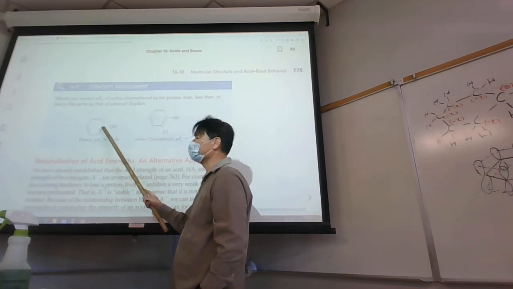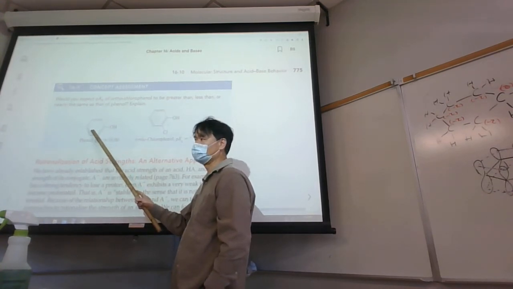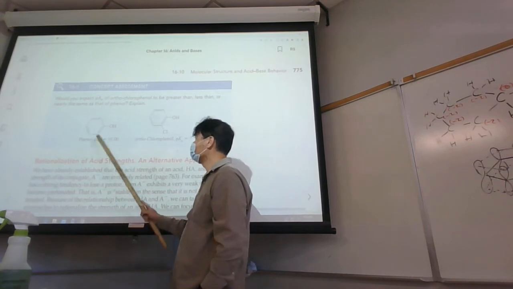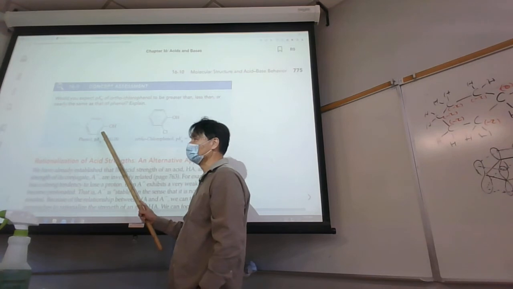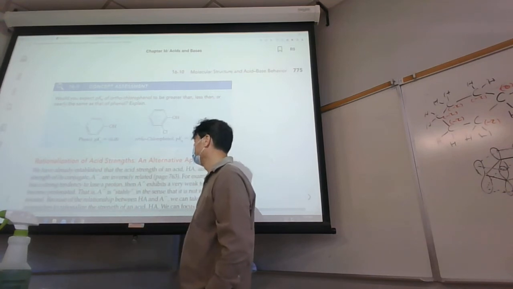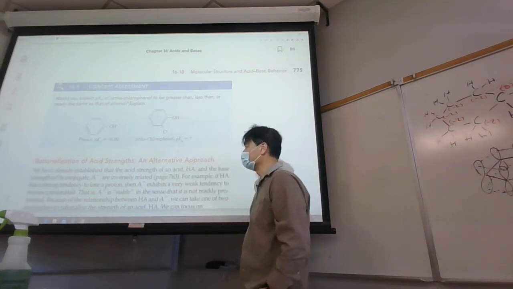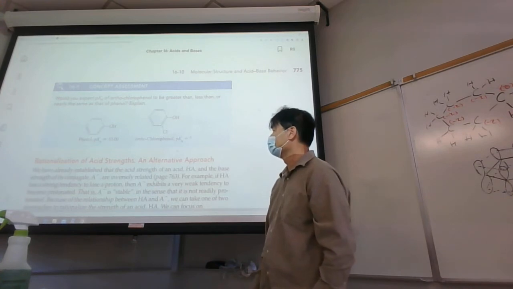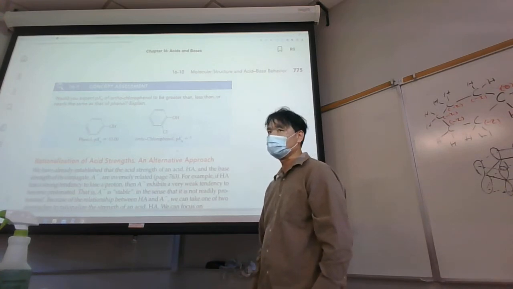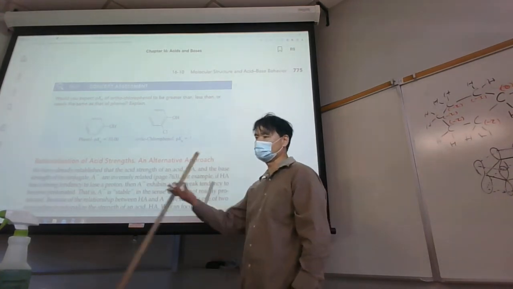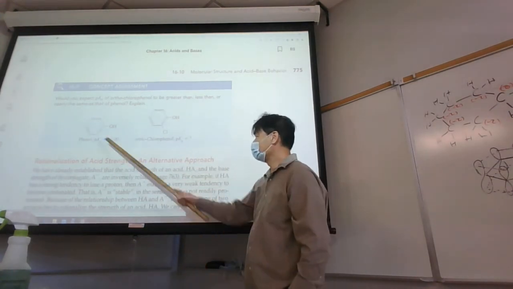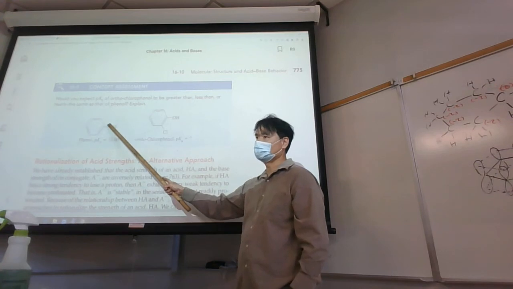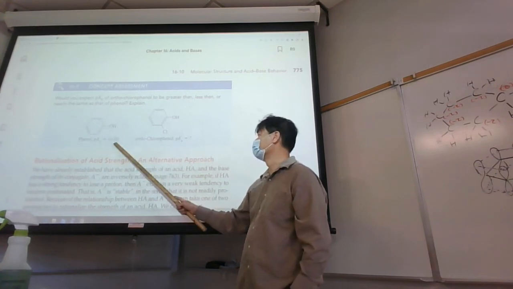However, this C is going to be an electron withdrawer because of the benzene ring. And so that makes phenol orders and orders and orders of magnitude stronger in terms of acid properties than a typical alcohol, like ethyl alcohol. Ethyl alcohol is not acidic at all because you have the ethyl group. The ethyl group is an electron pusher. But now if you have a benzene group here, it's an electron withdrawer. And it's going to make this more acidic.